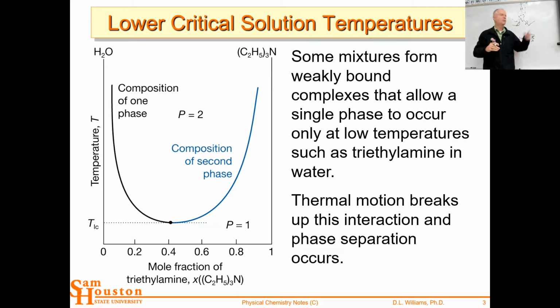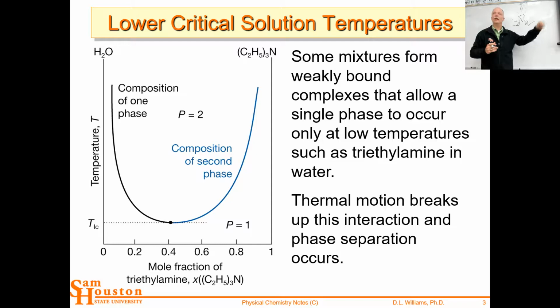Down at low temperatures, we can have this complex, this weakly bonded complex, and you start to raise the temperature. You've got kinetic energy between these 2 molecules increasing, and then you've got these low frequency vibrational modes that start to get active. And you could test this by going to Gaussian and calculating what those dihedral motions are.